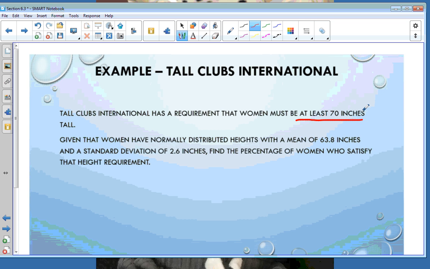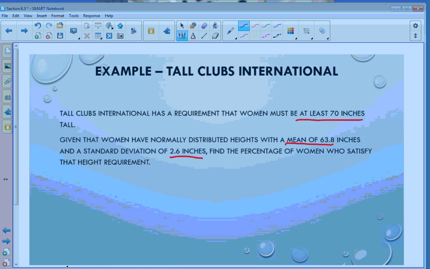Given that women have normally distributed heights with a mean of 63.8 inches and a standard deviation of 2.6 inches, we're going to find the percentage of women who satisfy the height requirement so that they could be in the Tall Clubs International. First, just like in the last section, we're going to draw that normal curve.